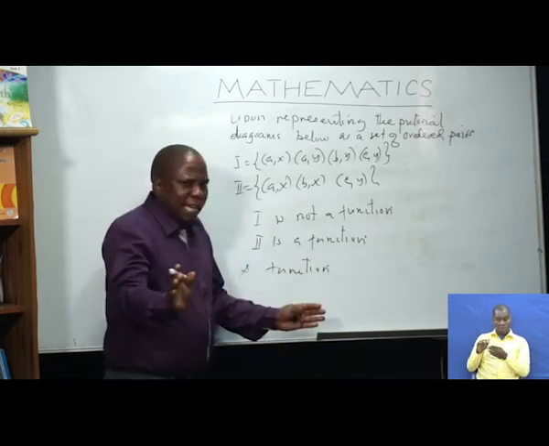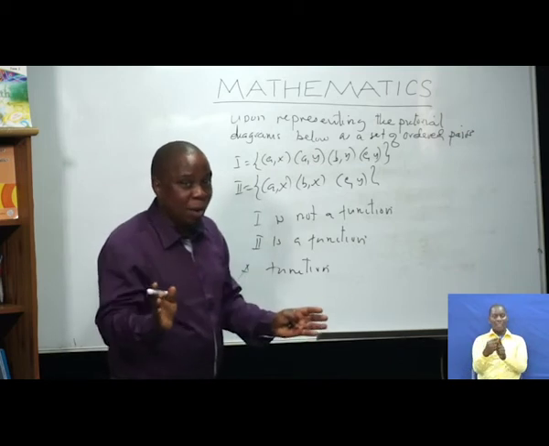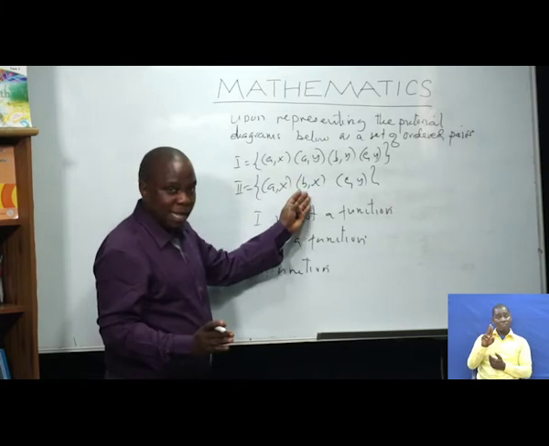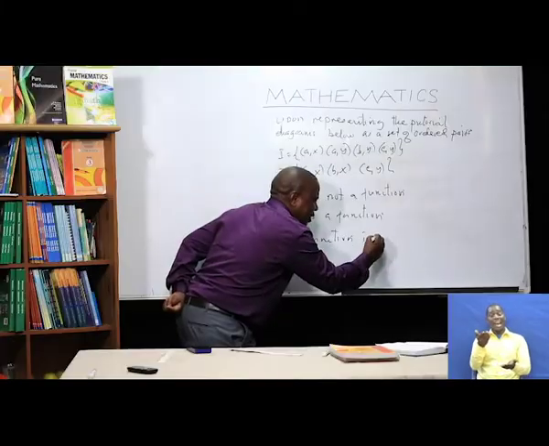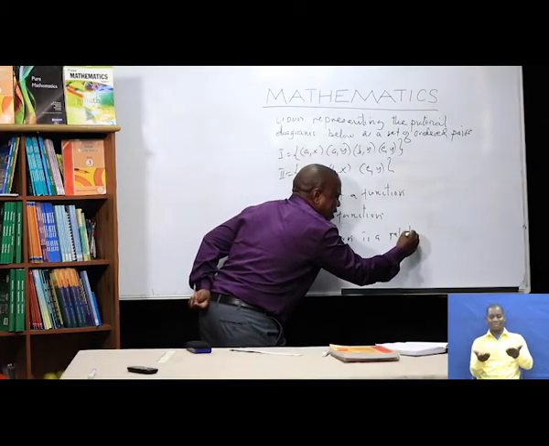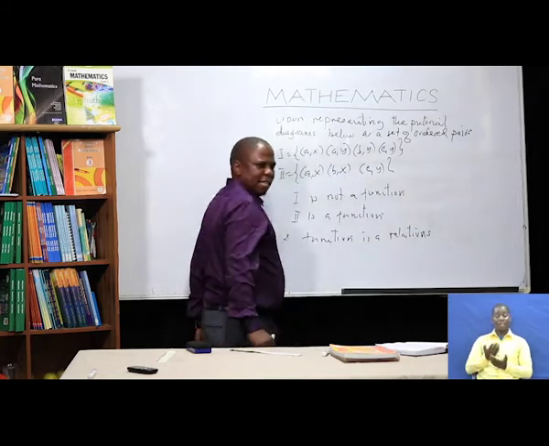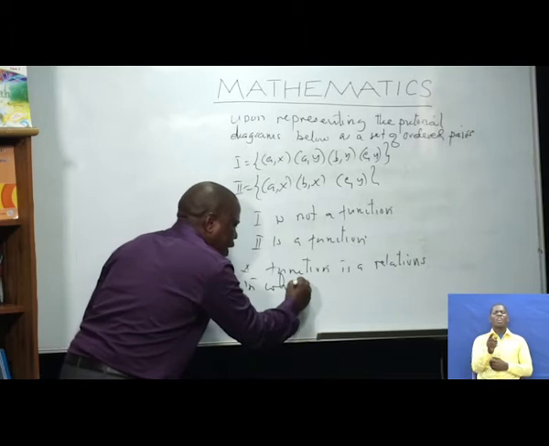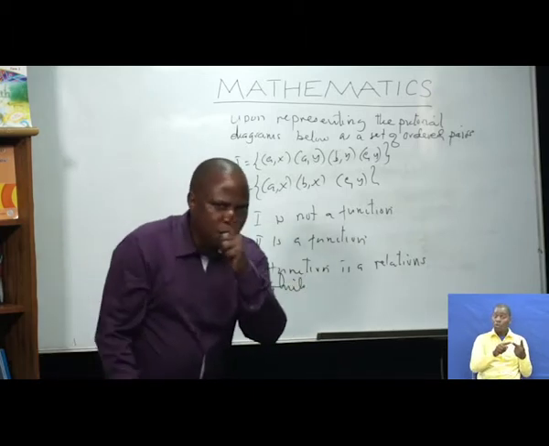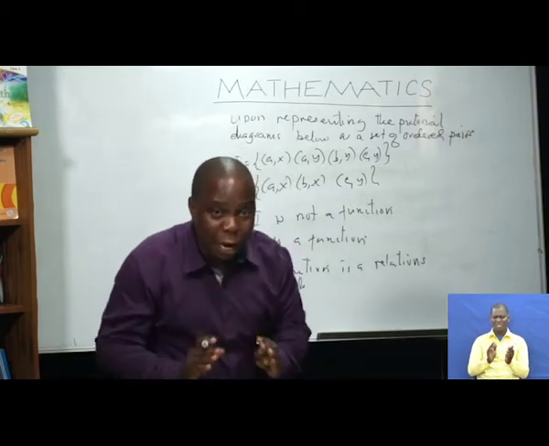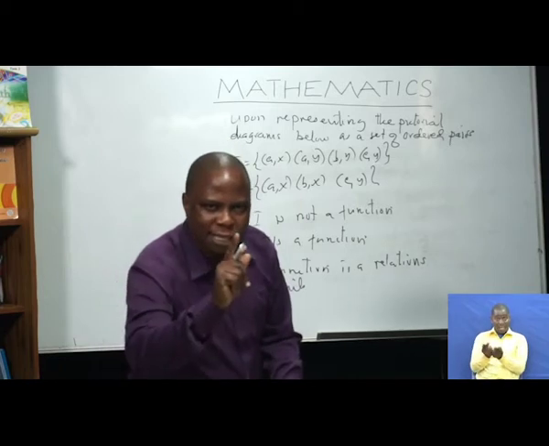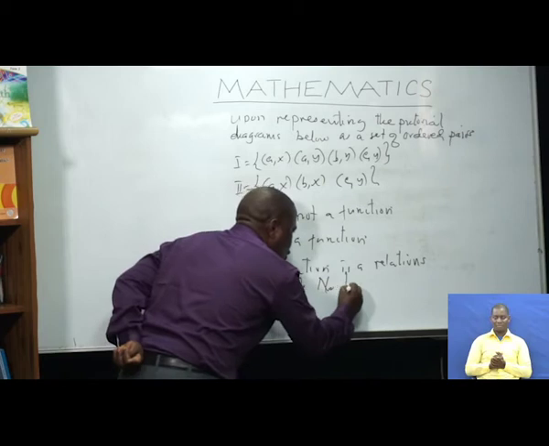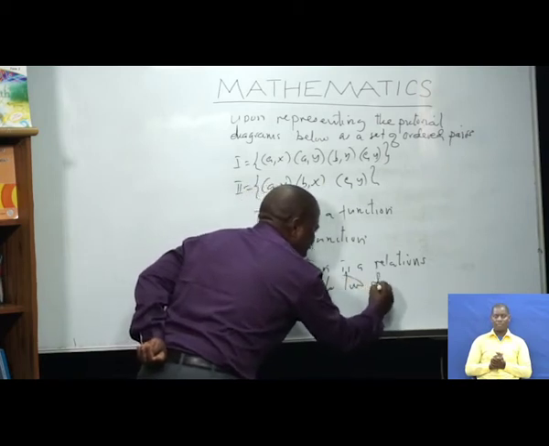Mind you, not necessarily that you have to use my words. You can define by using your own words. I'm defining in terms of the ordered pairs, that a function is a relation. Mind you, all these are relations. A function is a relation in which no two distinct ordered pairs should have the same first entry.